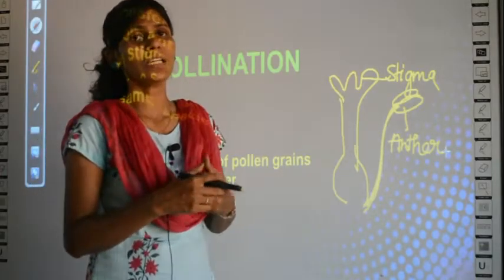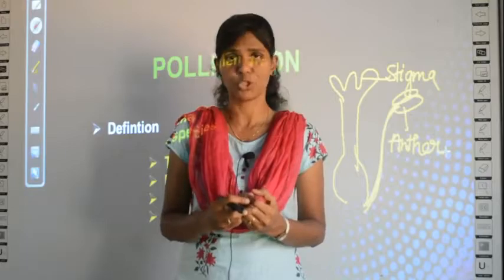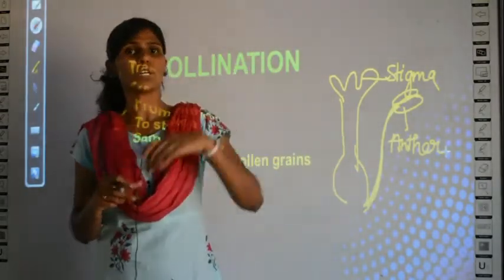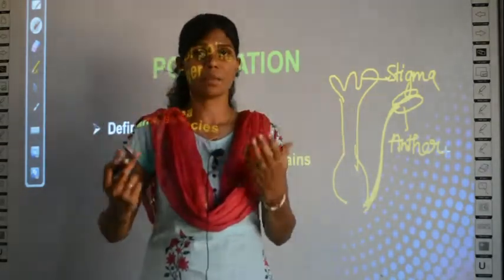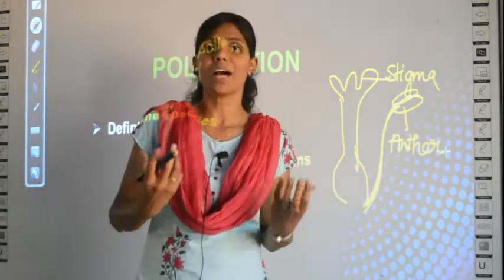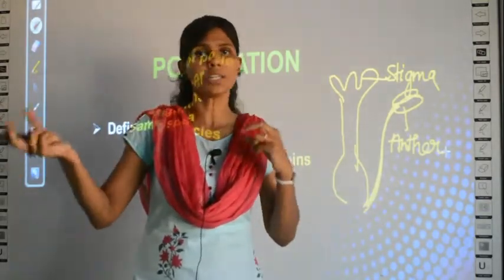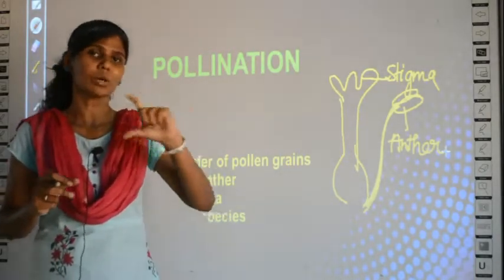What does this mean? Species means if rose plant is a species, the pollen grains from one rose plant have to be transferred to another rose plant. Okay. So if it is hibiscus, it should be from hibiscus flower to hibiscus flower. Rose and hibiscus cannot be transferred. So same plant type is called the same species.